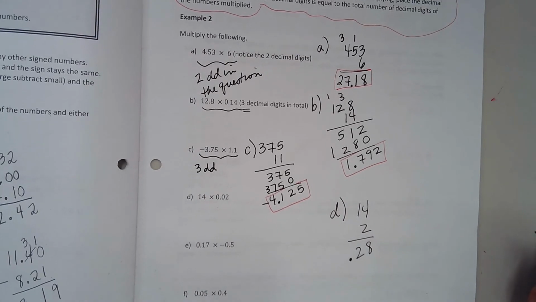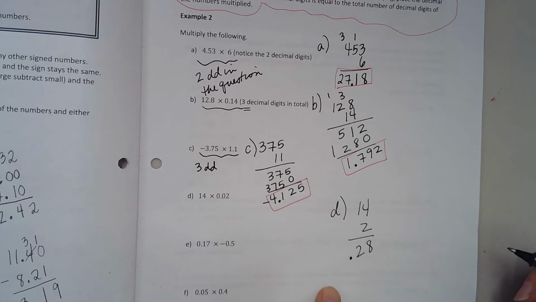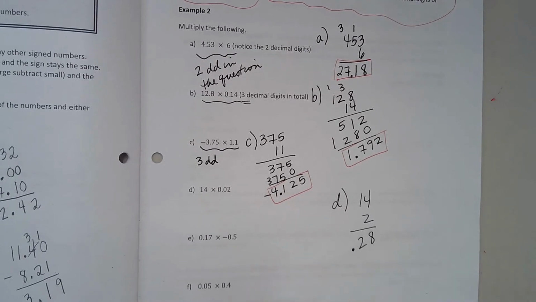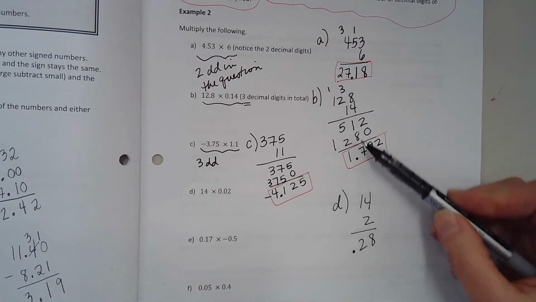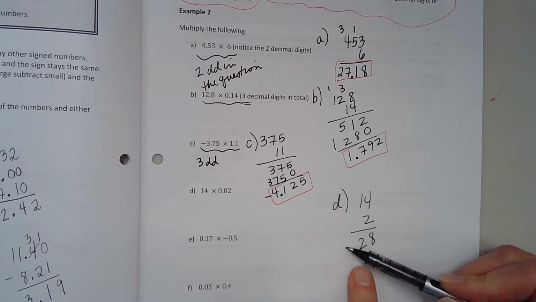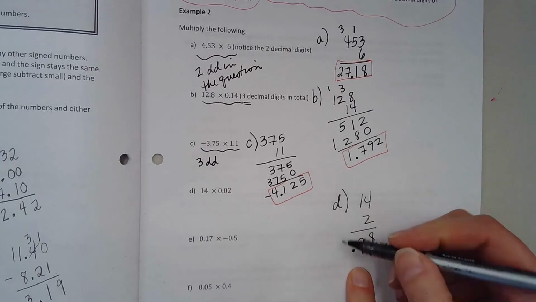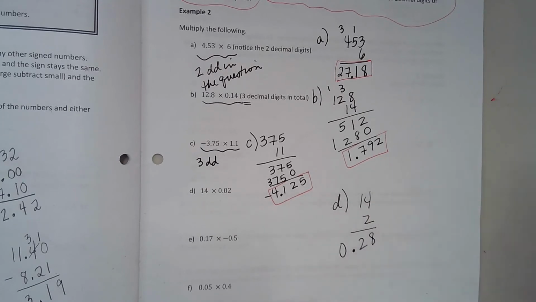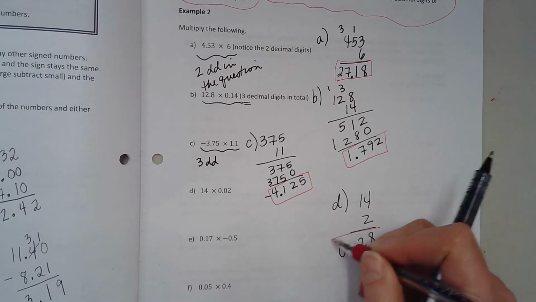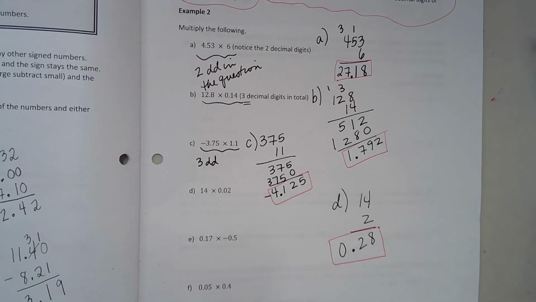I have positive times positive, so it's positive. We said yesterday that in this class, if there's no whole number associated with the decimal, like here I had the whole number of 27, and here I had a whole number of 1, I'm going to add the leading 0, because that's what they require in science. So we're going to do our part in supporting the science classrooms.